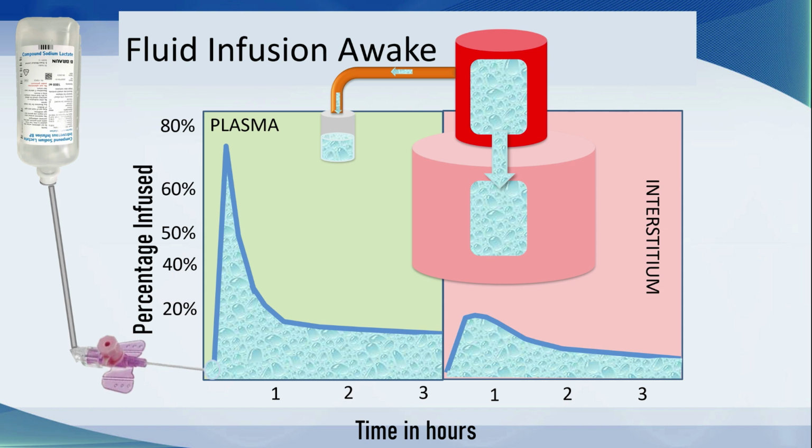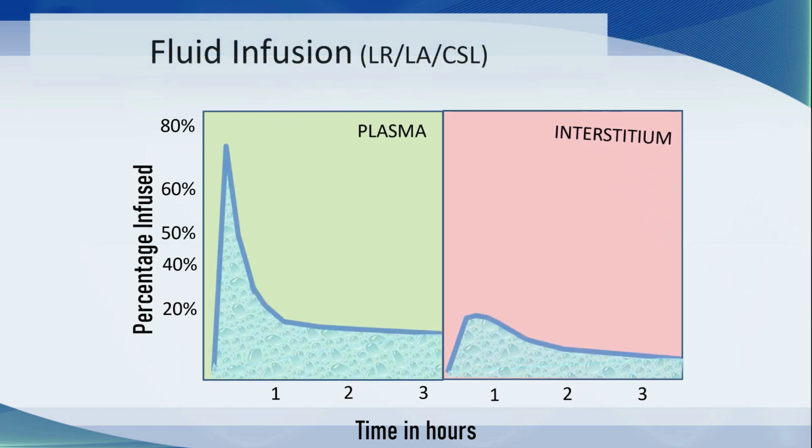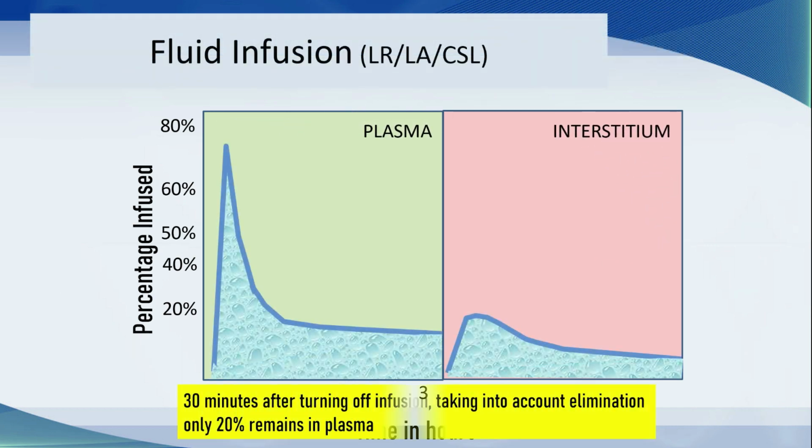And you can see most of it has been eliminated, but some has been sent into the interstitium, but a modest amount in the interstitium versus the amount of volume that's given. After 13 minutes, assuming that the infusion has been completely turned off, taking into account elimination, only 20% of infused fluid will stay in the plasma of a healthy volunteer.